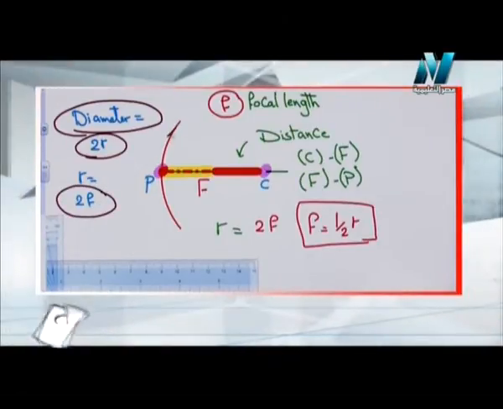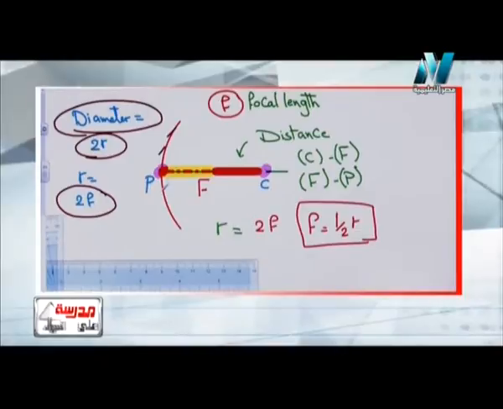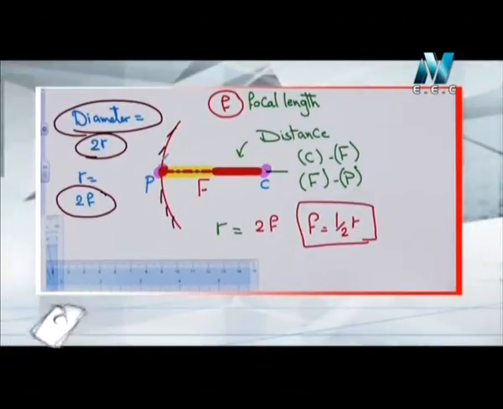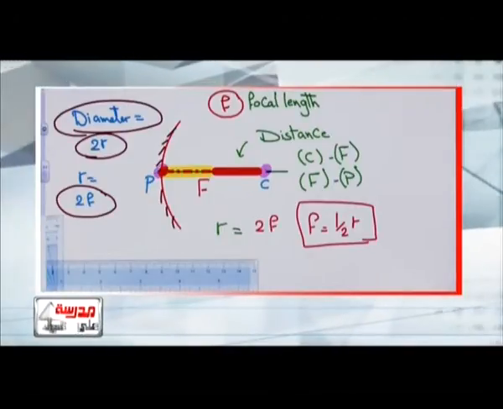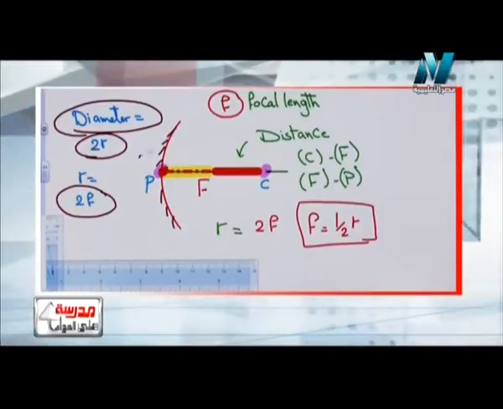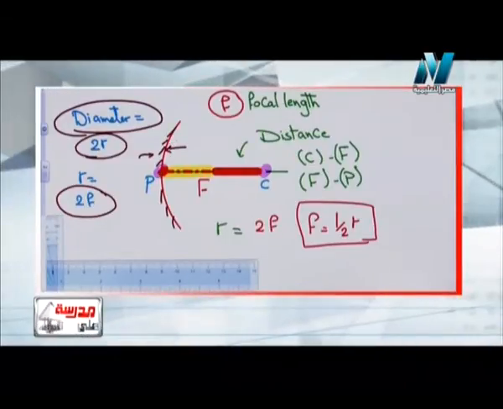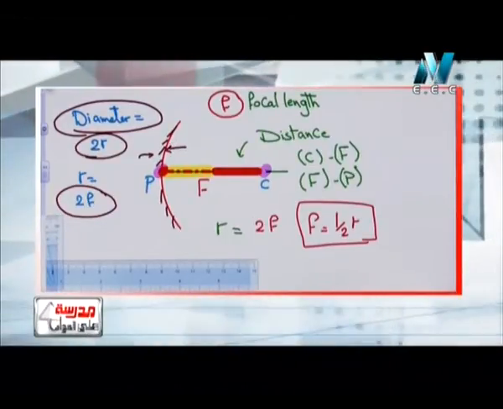Now dear students, someone should have told me here we should draw the back of the mirror. So here we know the back of the mirror and the front of the mirror, as the object should stand in front of it.